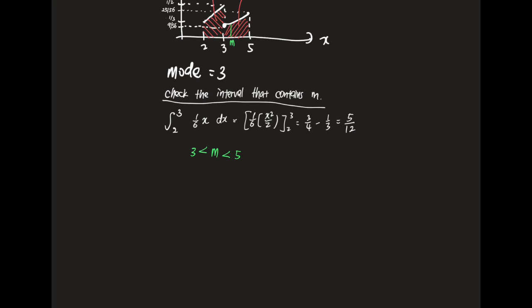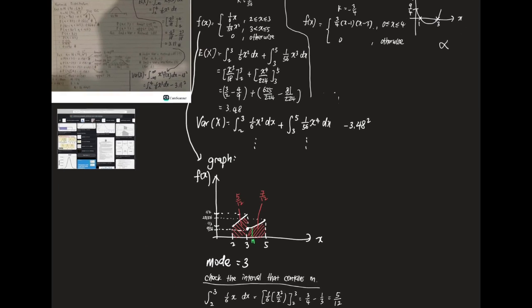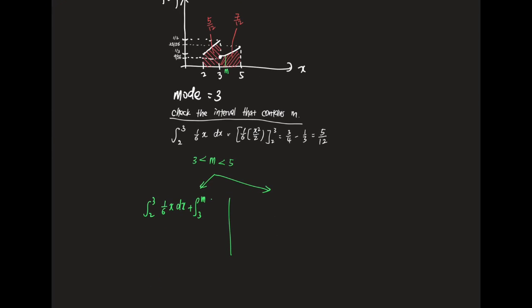Because if you use left hand side, you need to integrate 2 to 3, 1 over 6 x dx plus 3 to m of the second function, 1 over 56 x squared dx equal to 1 over 2.